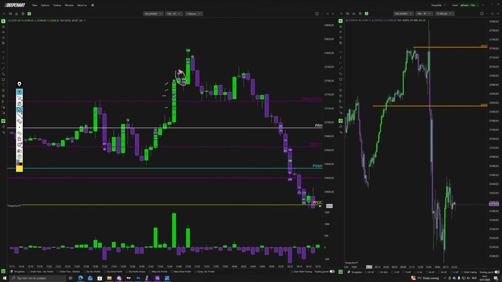Initially heavy selling stepping in here, price pushes through one more time. Big buyers here on top, and we sell off, and we basically confirm a local top here with this confirmation candle, confirming that these buyers on top are trapped.